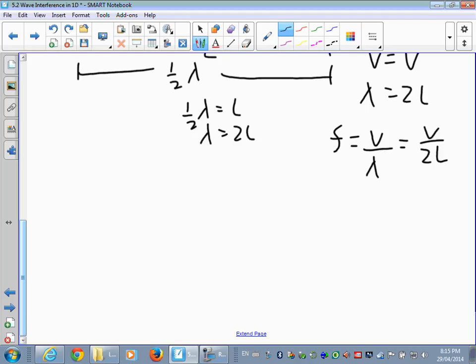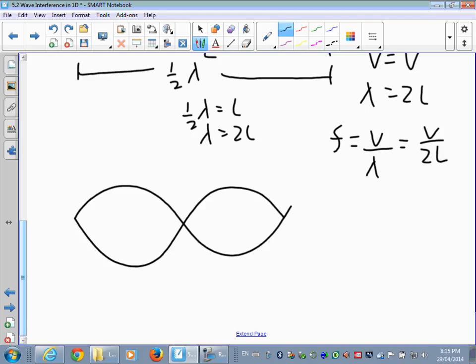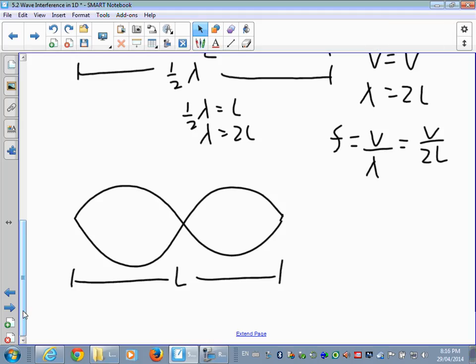The next simplest standing wave would contain one node in the middle. So the length stays the same. Notice that we have one wavelength in here. There's half a wave, there's the other half of the wave, so that is one wavelength.